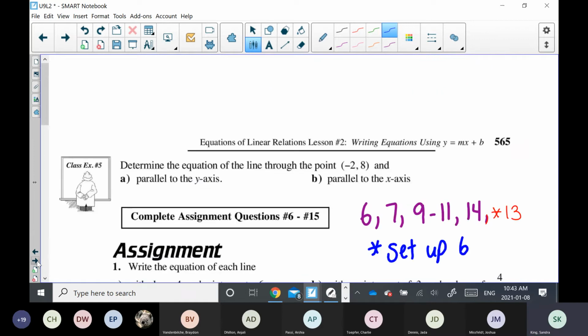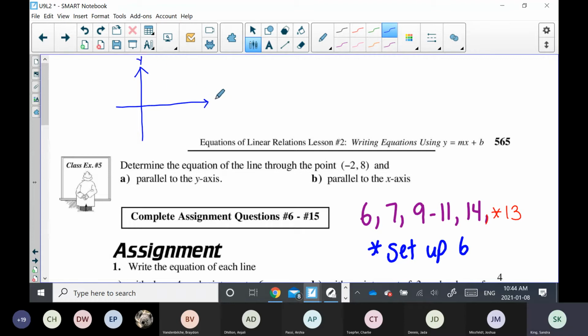Let's flip to this last page, and we're going to do class example 5. The majority of the homework questions that I'm going to assign are going to be like this. If you understand class example 5, you'll be able to understand them. So it says determine the equation of a line that's going to go through this point here. The first thing I want you to do, what's really helpful for this, is draw yourself a Cartesian plane.